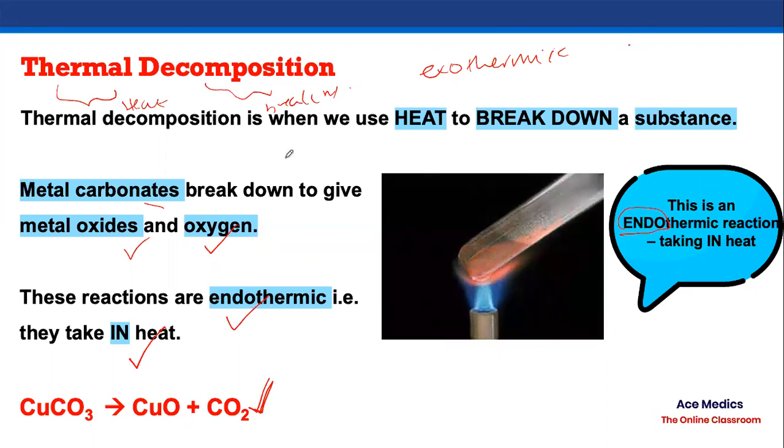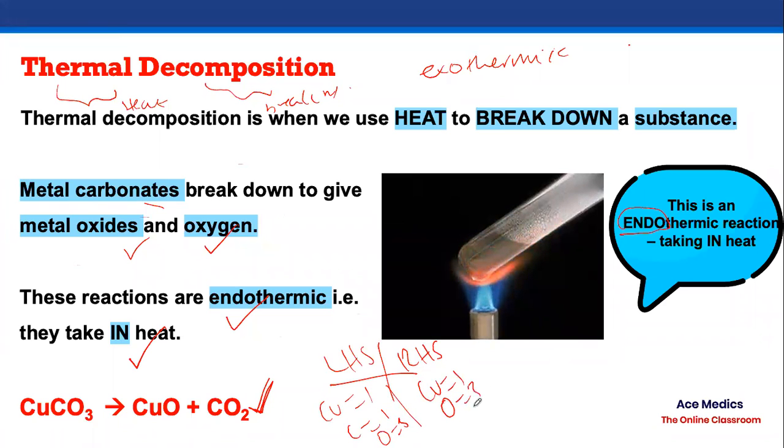Yes, it is balanced. How can we tell if it's balanced? We just do our left-hand side and our right-hand side: there's 1 carbon, 1 copper, and 3 oxygens on each side. So this is an example of thermal decomposition, which is just when you use heat to break down substances.